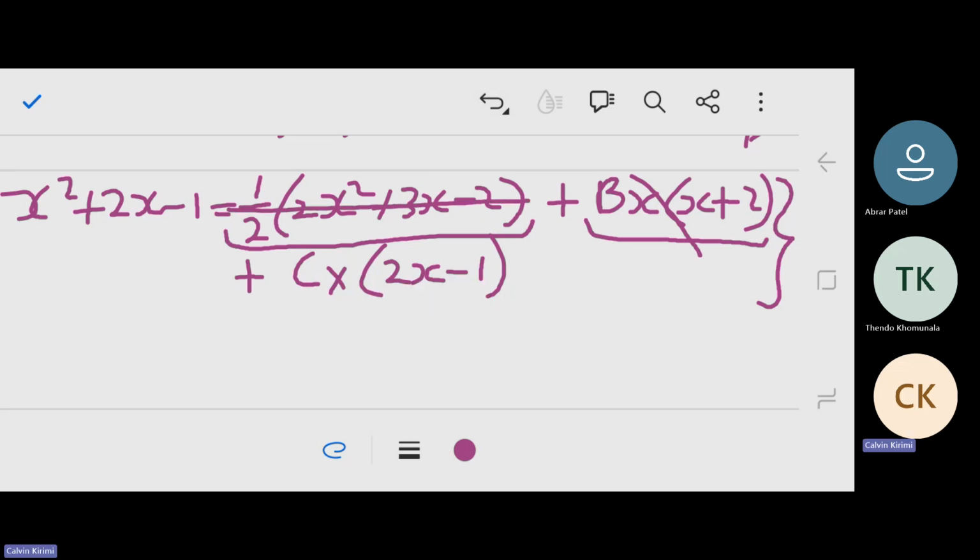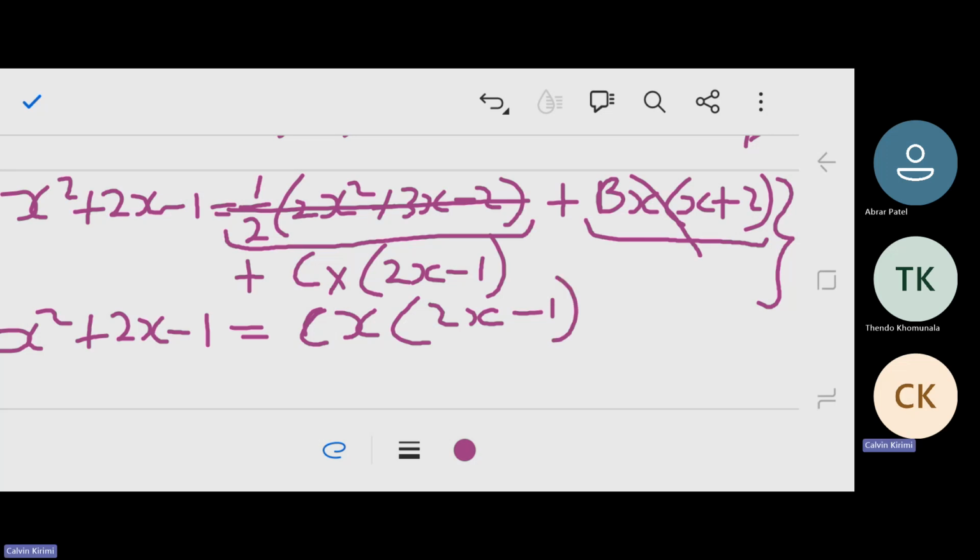So now we are left with, if x is negative 2, x squared plus 2x minus 1 is equals to C multiplied by x, bracket 2x minus 1, bracket. So if x is negative 2, what is the value of C? Now we are replacing everything.